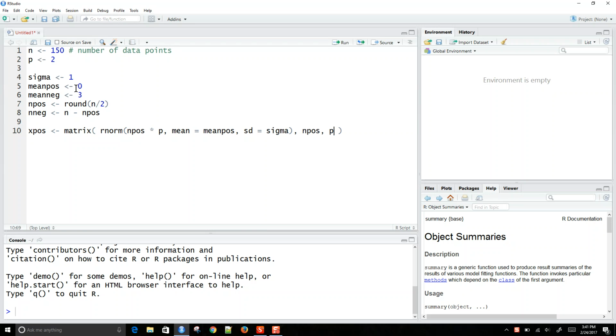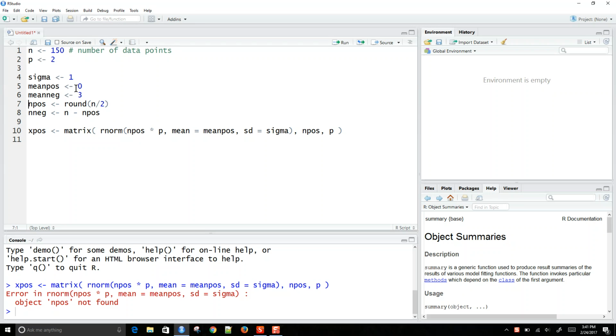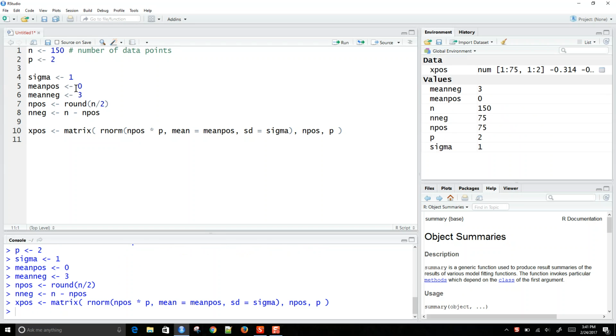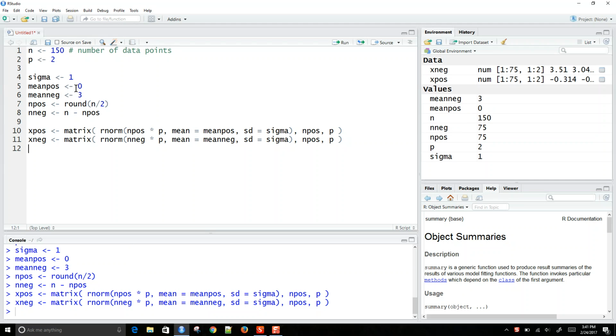All I'm doing is generating 300 random values and arranging them into 150 rows, 2 columns. Then I do the exact same thing for x negative, with the number of negatives and the mean negative.